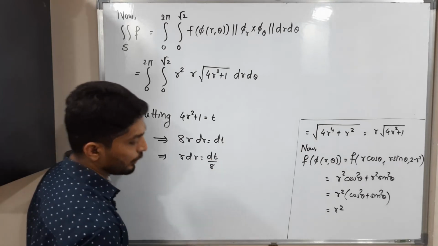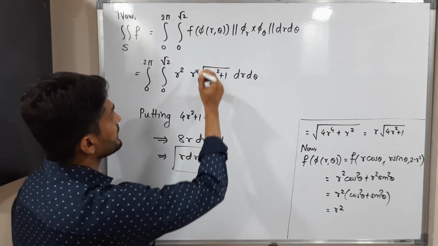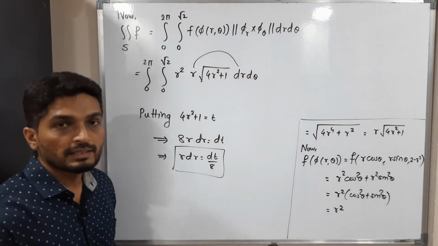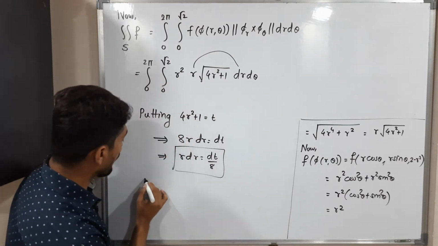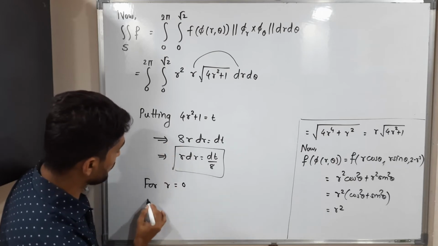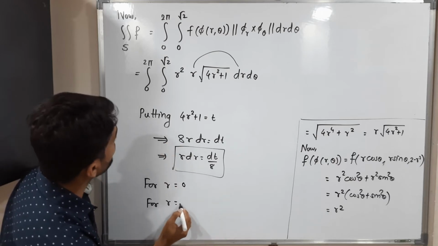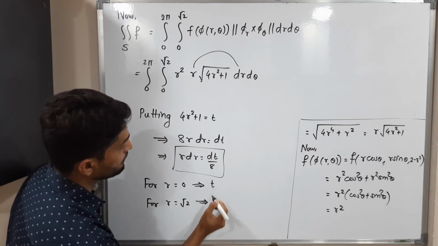The important thing we got, right? Yes, that means this r dr, you can see here r and dr, both of them can be easily replaced by dt by 8. So let us find new limits now. For r, what are the given limits? r is equal to 0, and r is equal to root 2. So let us find the values of t.